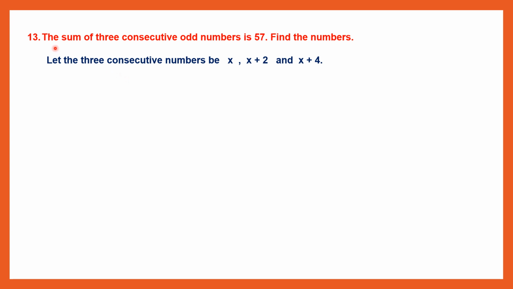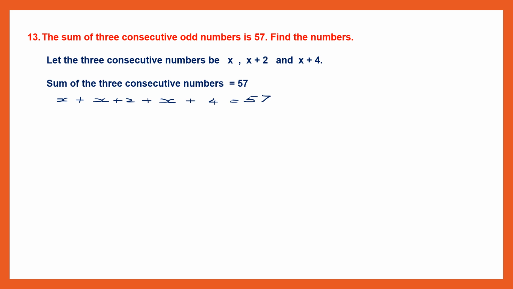And we are also told that the sum means when you add up these three numbers, the answer is going to be 57. So the sum of the three consecutive numbers is 57. So we're going to find the numbers. That means if I add up x, the first number, the second number x plus 2 and the third number x plus 4, I will get 57.